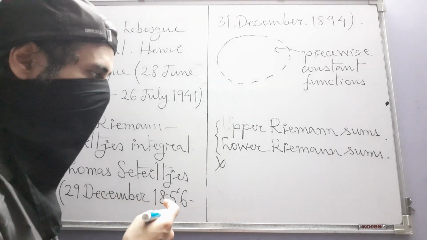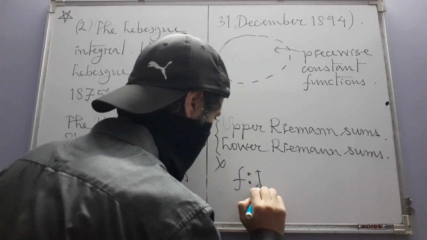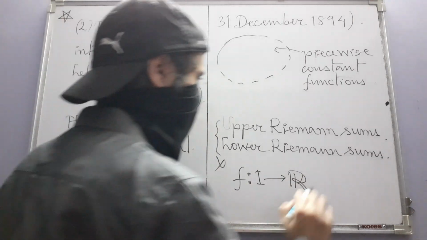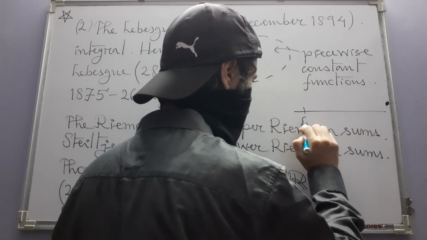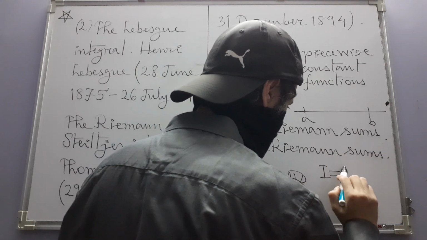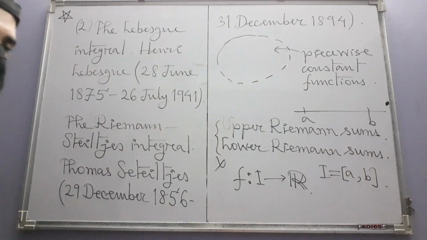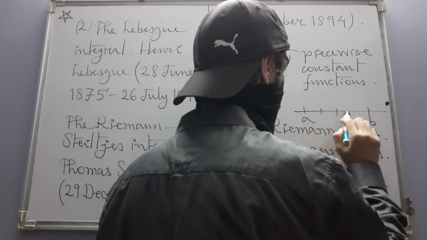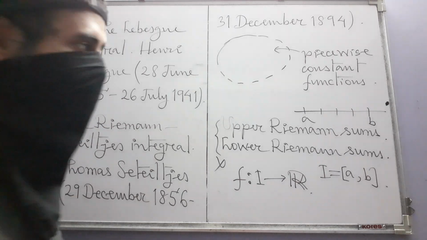But the thing here is that, say you have a function defined on an interval I. Say I looks like this. Okay. So this is A, this is B. For specificity, let's consider this closed interval A comma B. So what you do, you subdivide the interval into small subintervals.